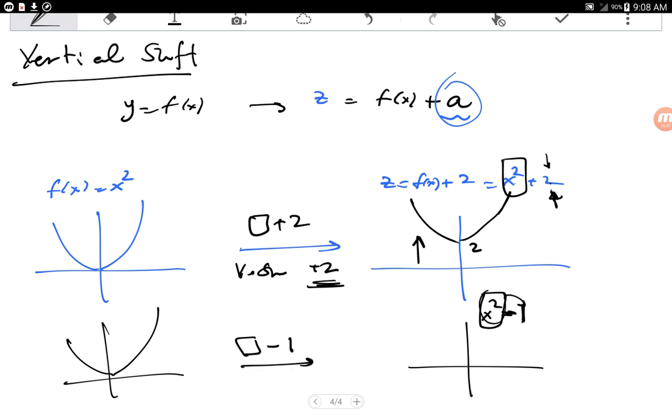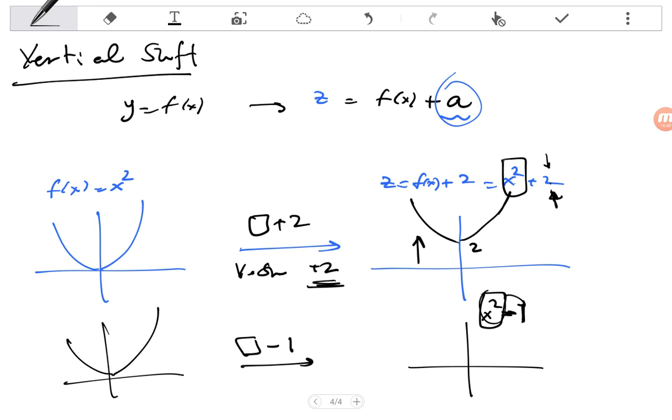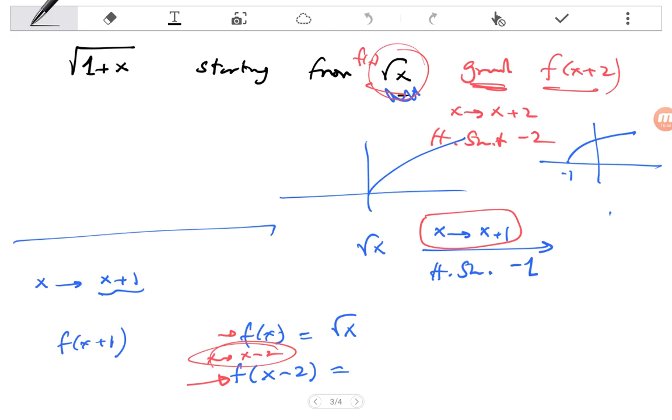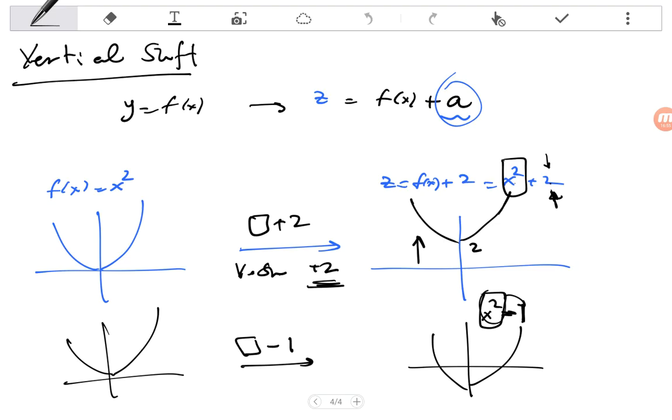It means making a vertical shift downwards 1 step. So that will be something like this. We should make a difference between replacing every x with x plus a number, and making a vertical shift, which is taking the whole function and adding or subtracting some number.